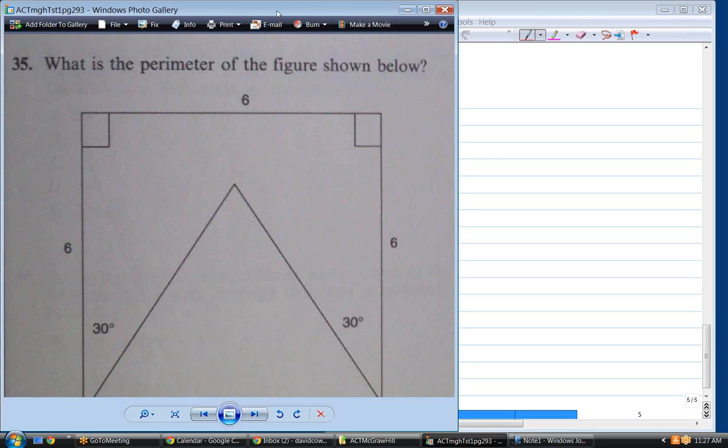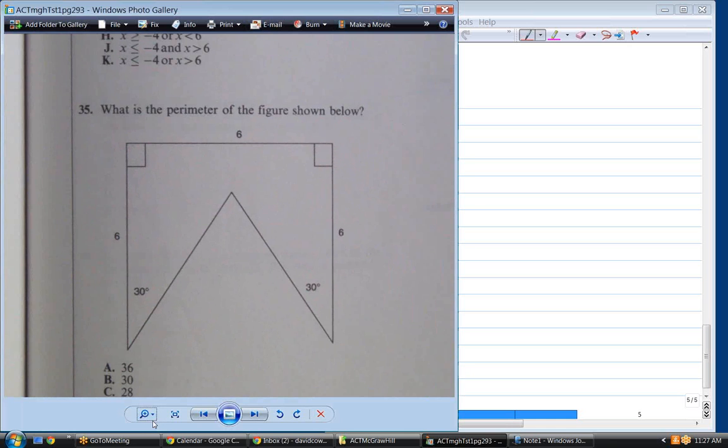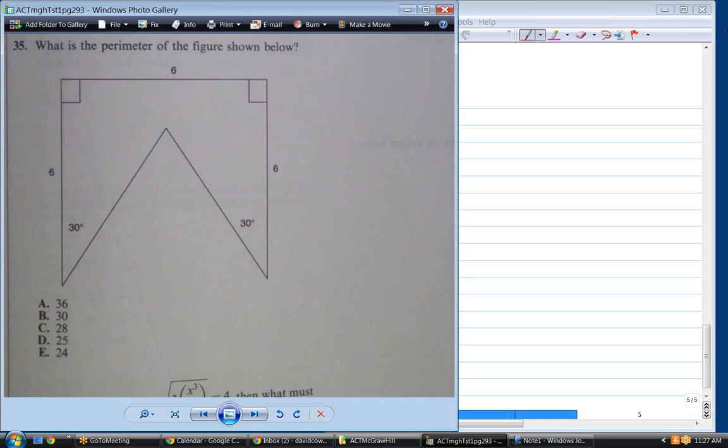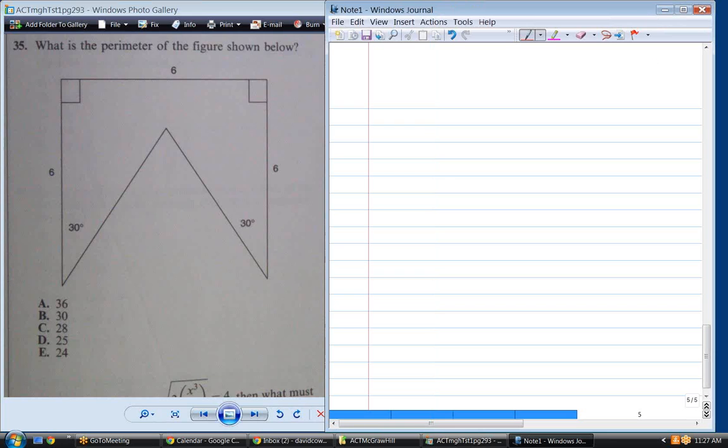What is the perimeter? Let me knock that down just a little bit. What is the perimeter of that figure? This is a fairly difficult problem. Not terribly difficult, but it's not obvious right off the get-go what to do.